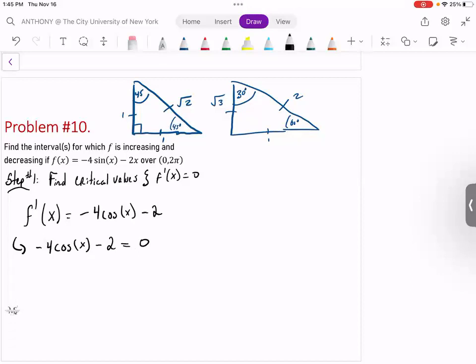Well, we're going to add 2 to both sides. So this will give us -4 cosine of x is equal to 2. And then you would divide by -4. So this gives us cosine of x is equal to 2 divided by -4, which, by the way, you can simplify as -1/2.